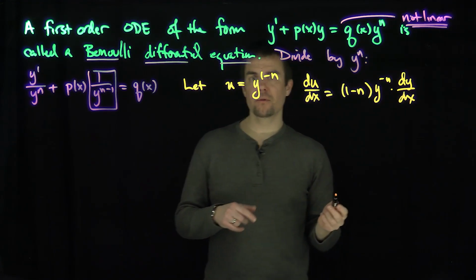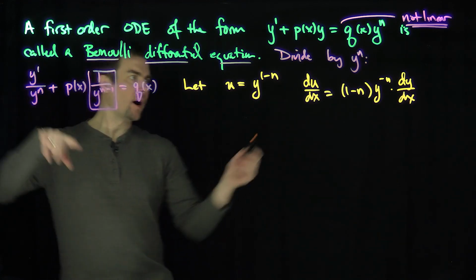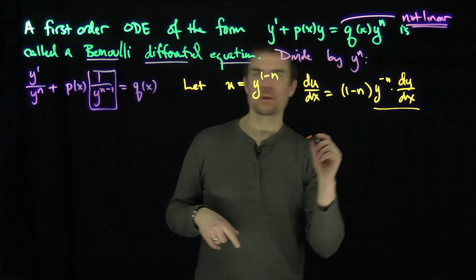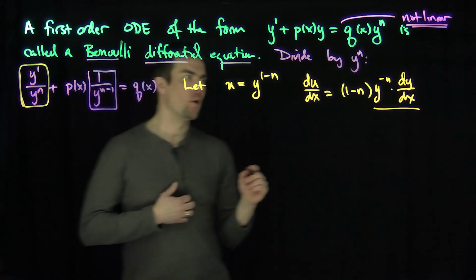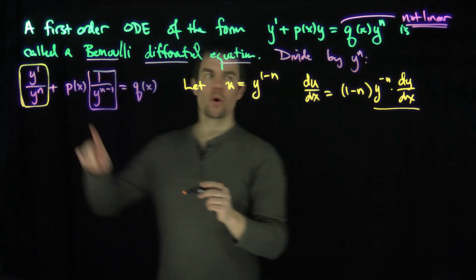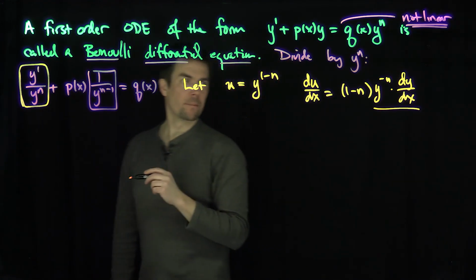Now the important thing to observe is that I see dy dx times y to the power negative n. So this first expression, y prime over y to the n, is really just du dx over 1 minus n.